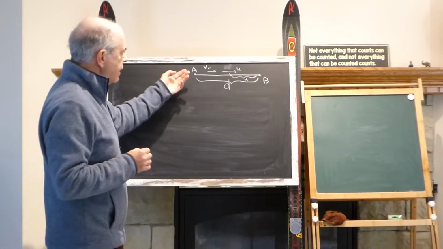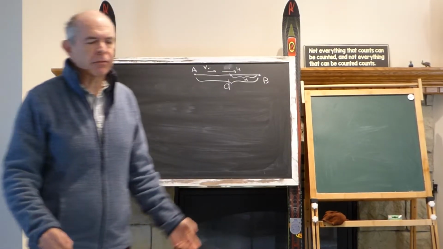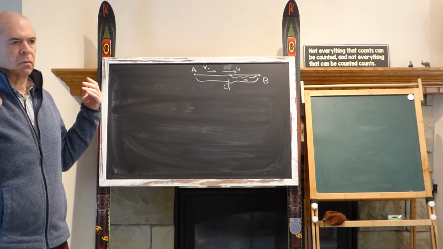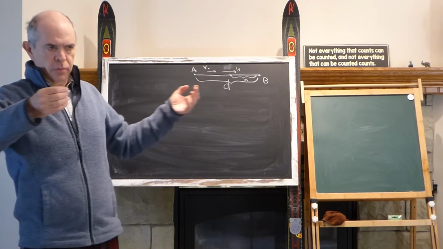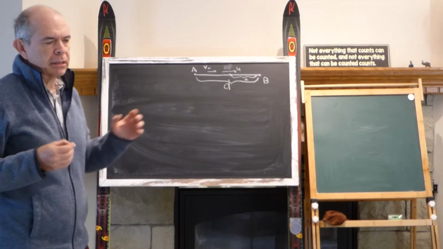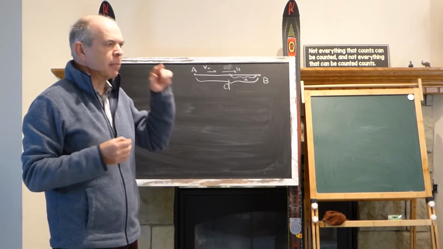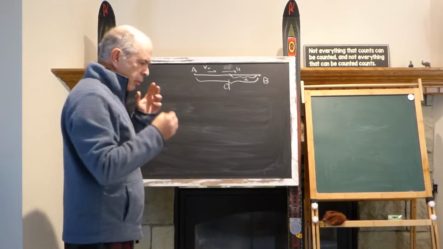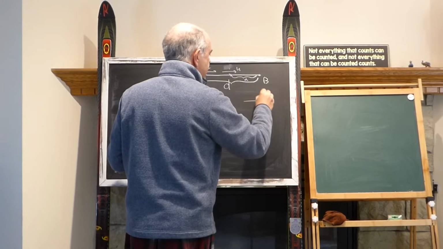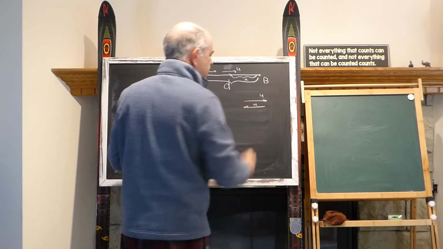So the raft is traveling downstream, but if we're sitting in the raft, everything is moving towards us. The shore is moving towards us with the speed V river. That's kind of obvious. Another obvious thing is that the boat, if we think sitting in the raft, travels away with the speed of u, turns back and travels back with the speed u.